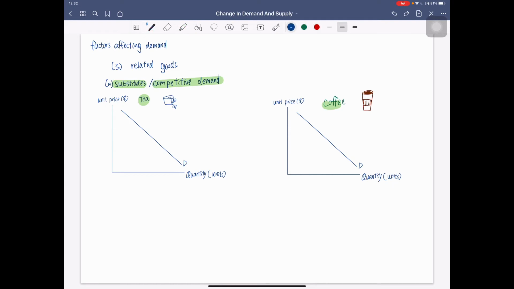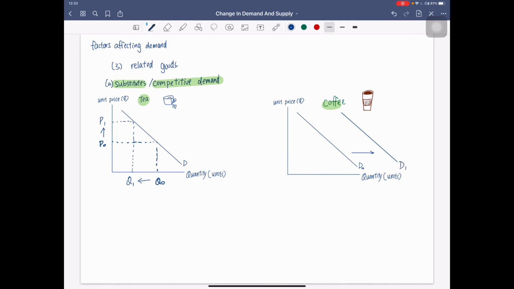We know that when the price of tea increases from P0 to P1, the consumers are going to consume less tea. Since tea and coffee are substitutes of each other, consumers are going to look for coffee because coffee can also help them to stay focused.